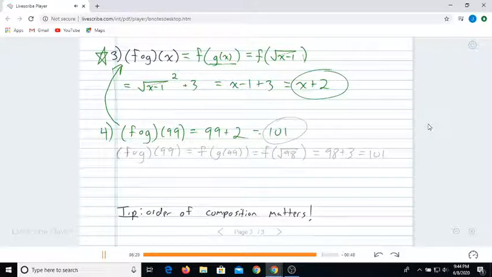And if you're not sure about that, well, you can practice it. If you want to do it separately, we can view that as f at g at 99. Okay, well, g at 99, that's going to be square root of 98. Well, then you square that and add 3, and you get 101.